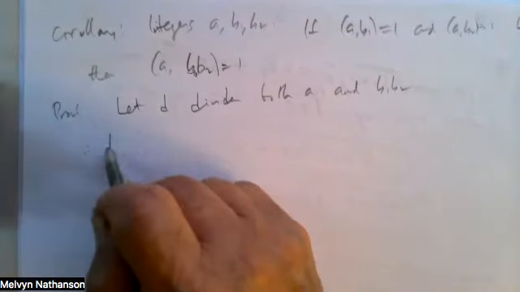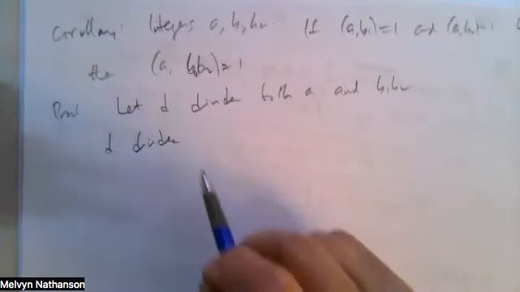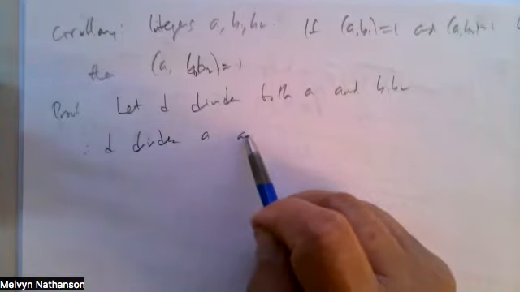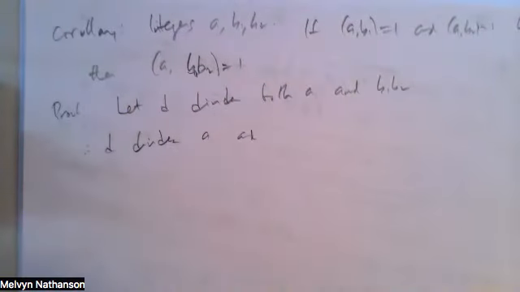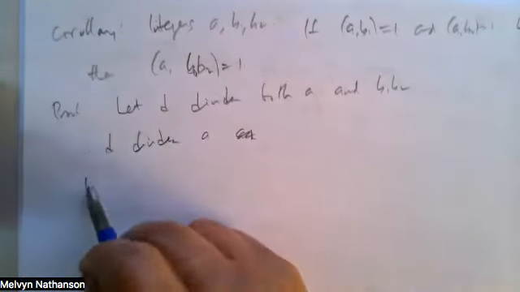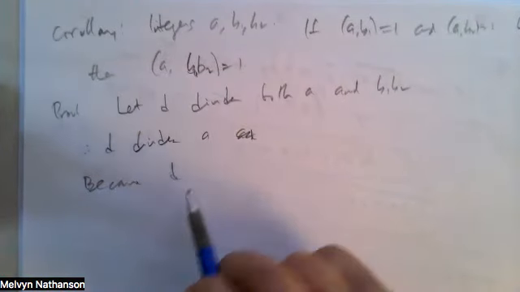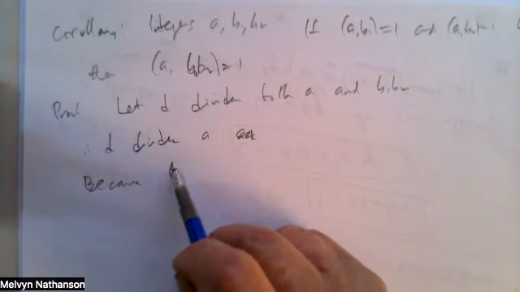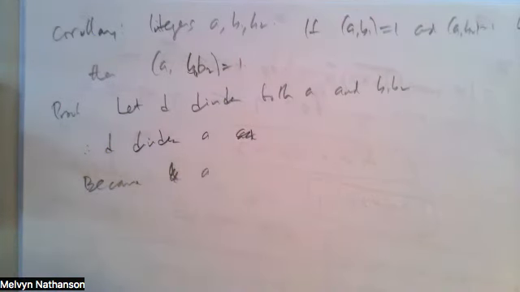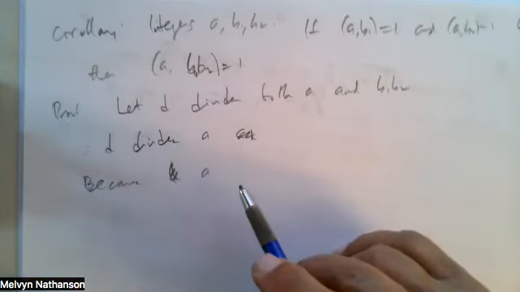So D divides A and B1, B2, so certainly D divides A. So D divides both A and B1 and B2. So D divides A and D divides B1, B2.